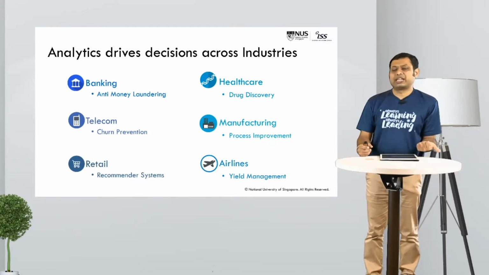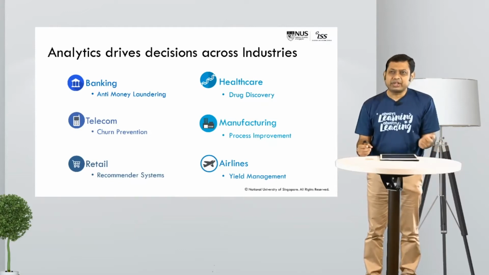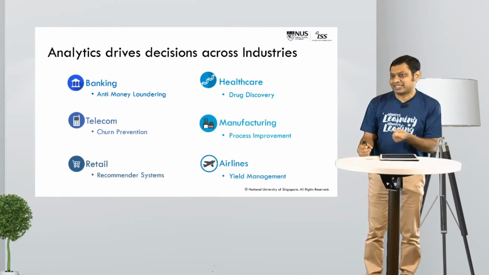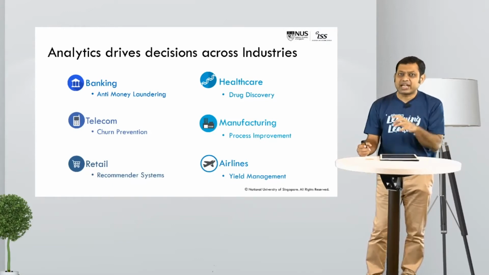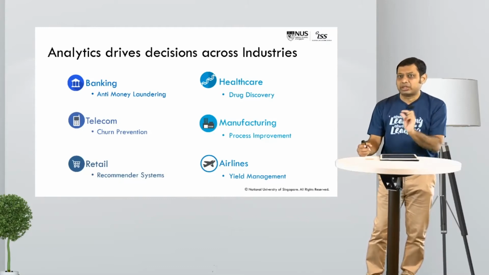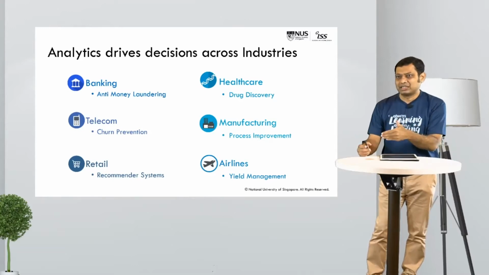Healthcare has always been looking at drug discovery. One of the latest examples that researchers at MIT have come up with is the latest antibiotic that has been discovered using machine learning techniques. They've looked at molecules and different chemical and physical parameters of molecules.